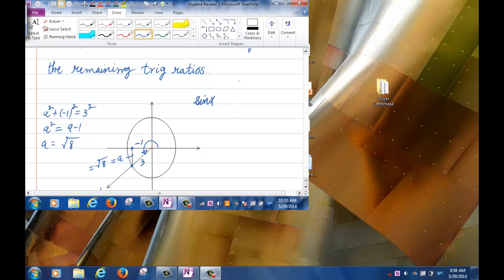So root of 8 is the same as root of 4 times 2. Isn't that then root of 4, root of 2, which is 2 root 2? So can I say that sine x is what then? The opposite over the hypotenuse 3, right? Okay, what is tangent?